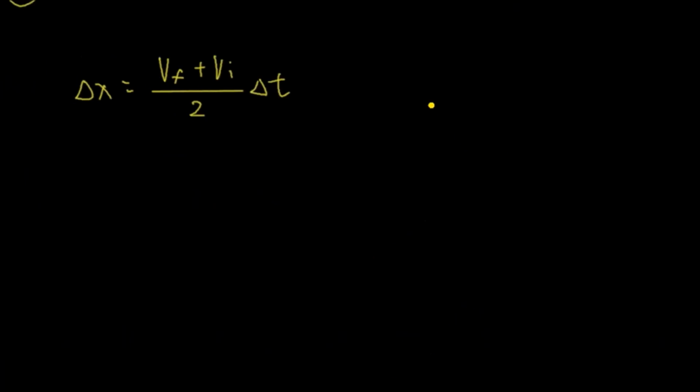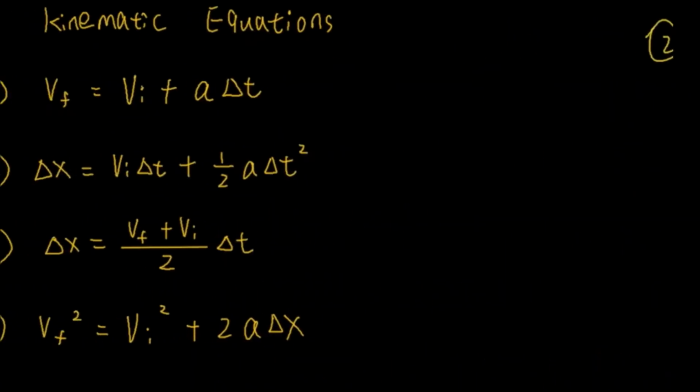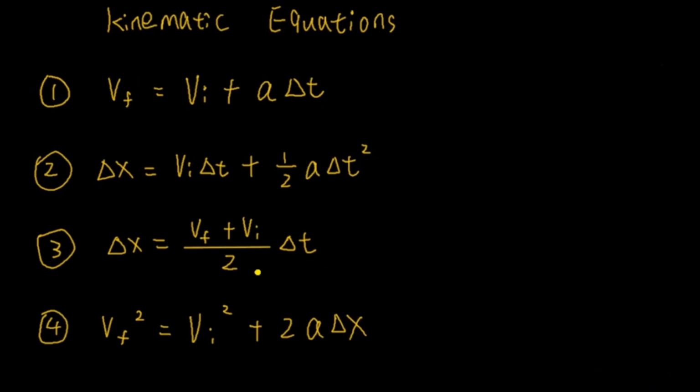So we know that acceleration is v final minus v initial over delta t. Okay, so we have a delta t here, so I can isolate delta t, because in this equation there's no time component, so I can take away the time.